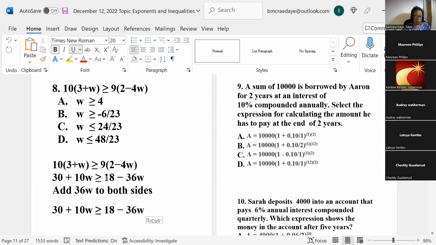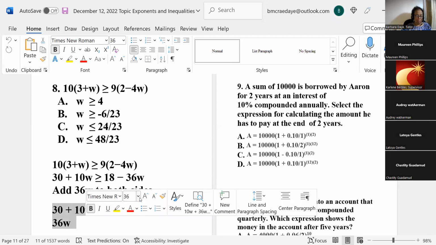So let's put our 36W here, plus 36W, and also do it on the right side, plus 36W. Okay. Now I'll cut this down a bit so I can get this all on one line.